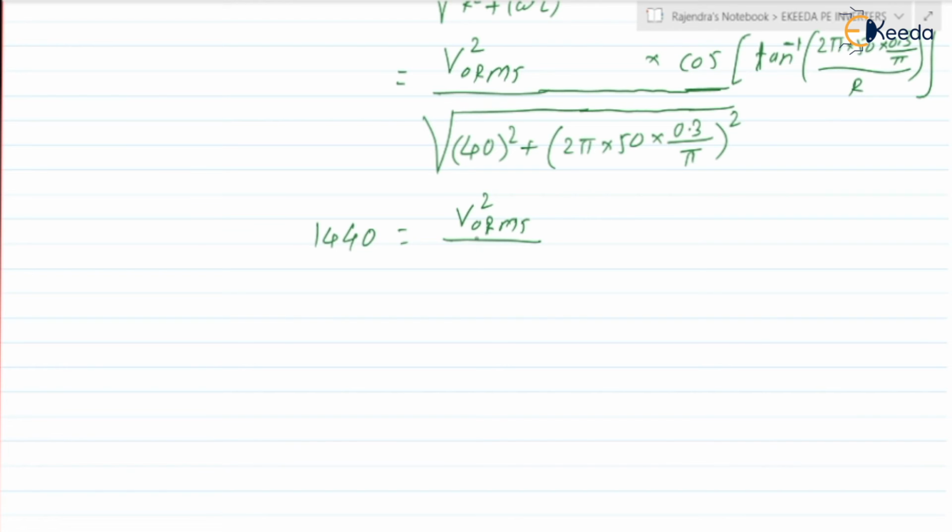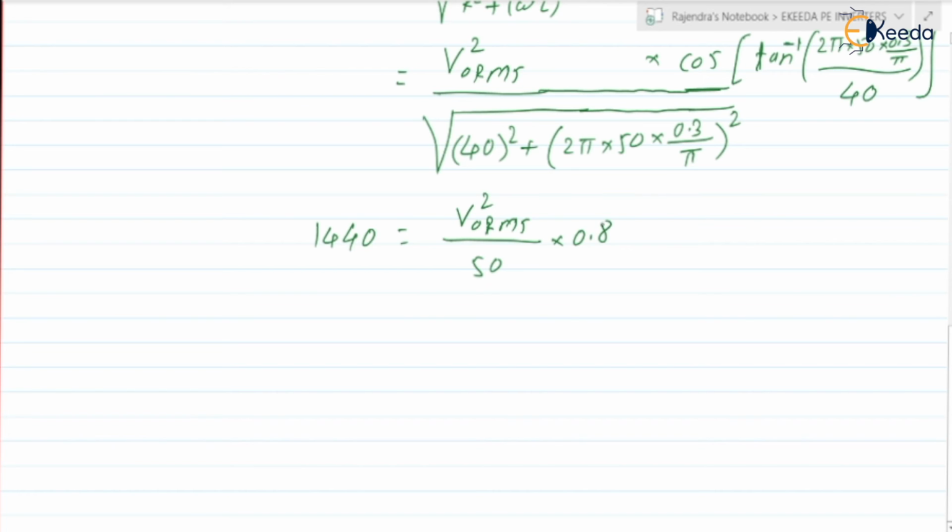That is V0 RMS square divided by 50, into cos of tan inverse of 30 divided by 40, with R equal to 40. Cos of that term is 0.8.